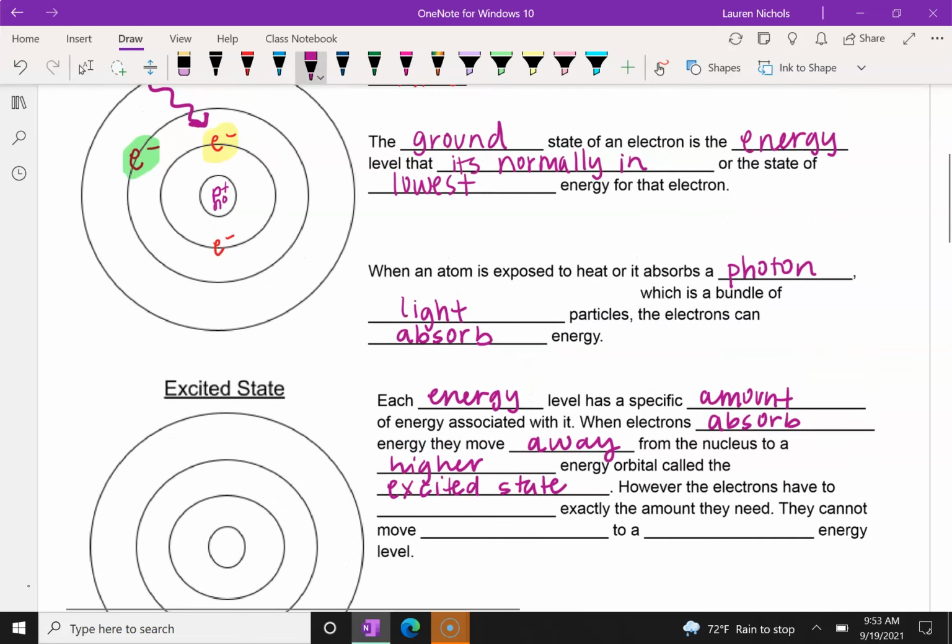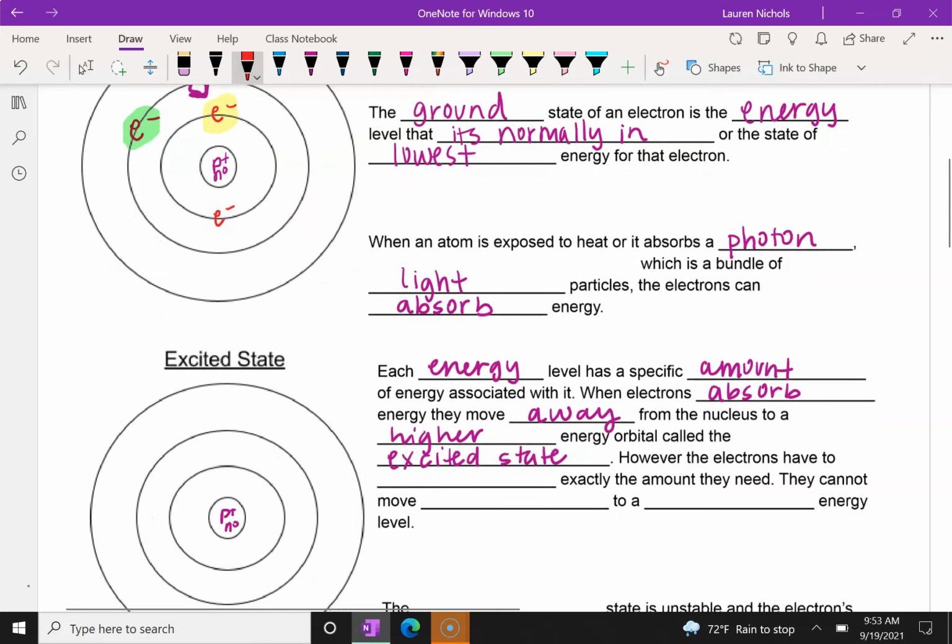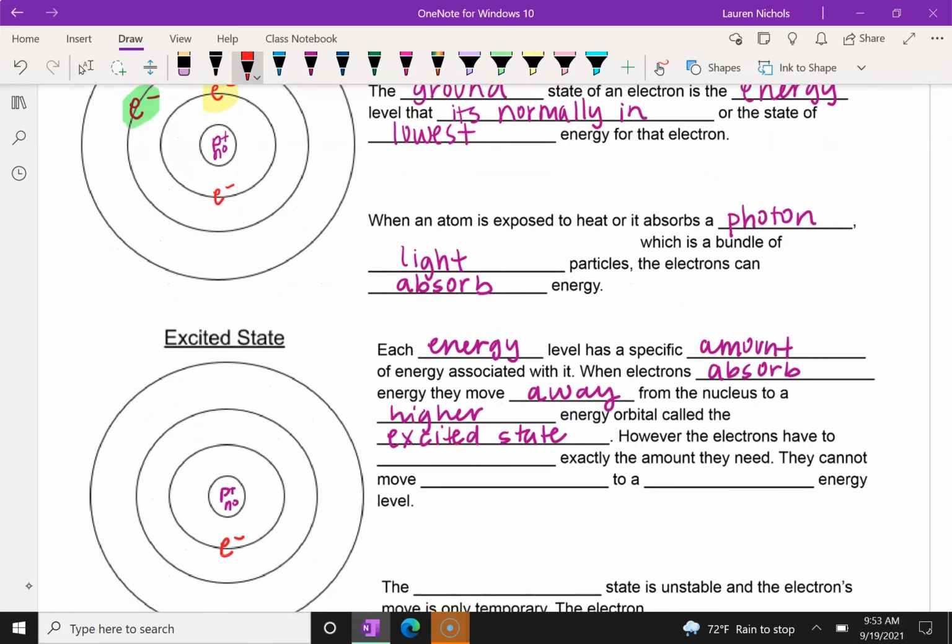So let's look at that original. We had our protons and neutrons in the center of our atom, and we had 3 electrons in our original diagram. We had these 2, and then we have this electron that's absorbed energy.